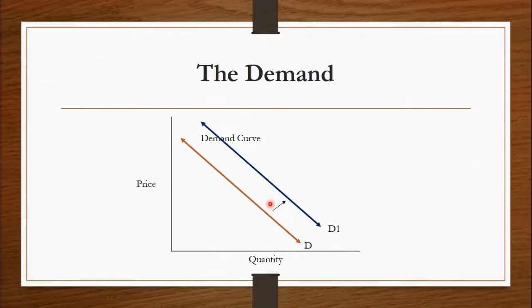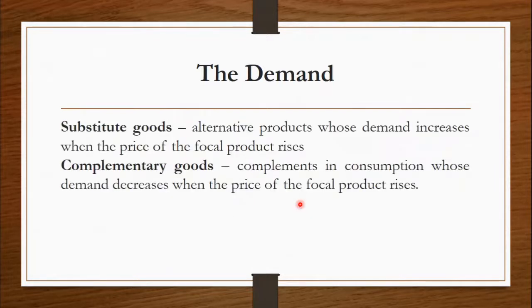So if there is a change in price, the demand curve can either shift to the left or it can shift to the right. So kana siya, shift to the left and then shift to the right. So there are factors that can affect the shifting, which we'll discuss in the next slide.